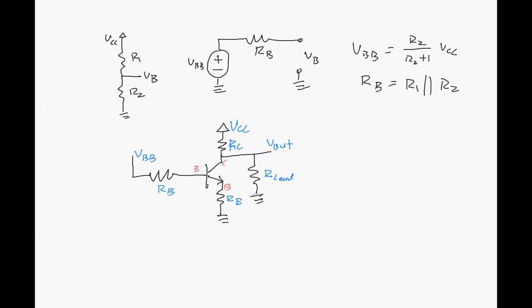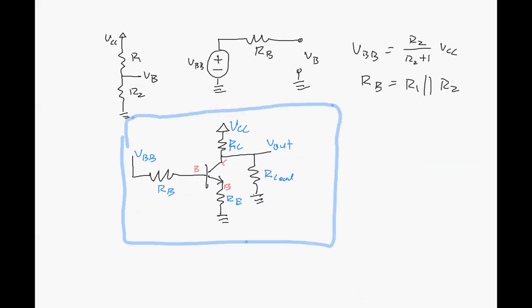This is what you would see in a schematic or in a book of instructions or tips of how to build circuits, all kinds of places that you might actually see it like this, VB and RB. But this wouldn't be how you would actually draw it. You wouldn't actually build this. What you would build would be this divider network up here.